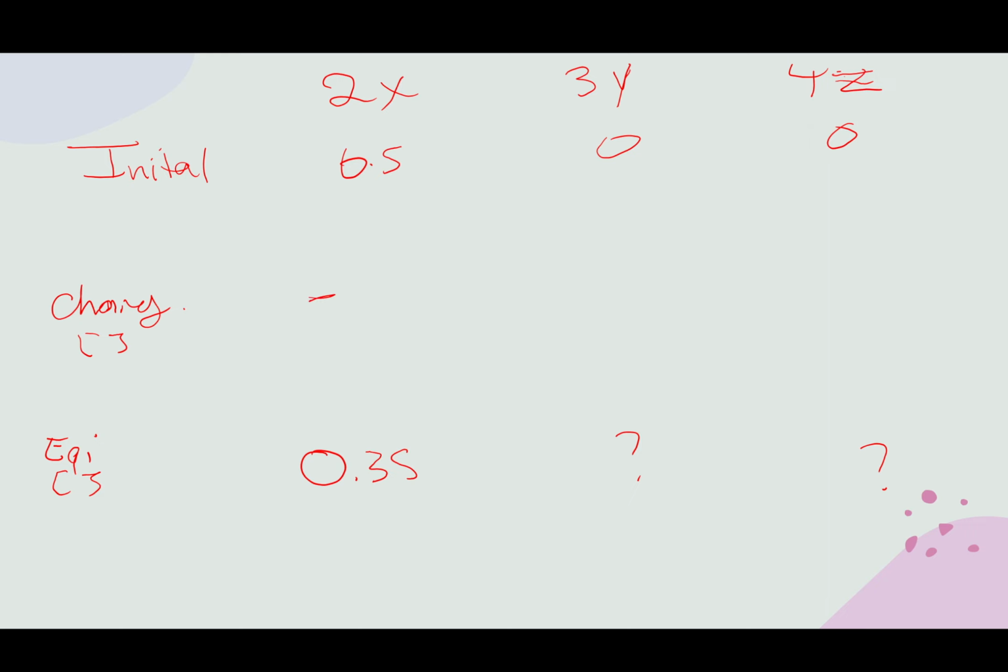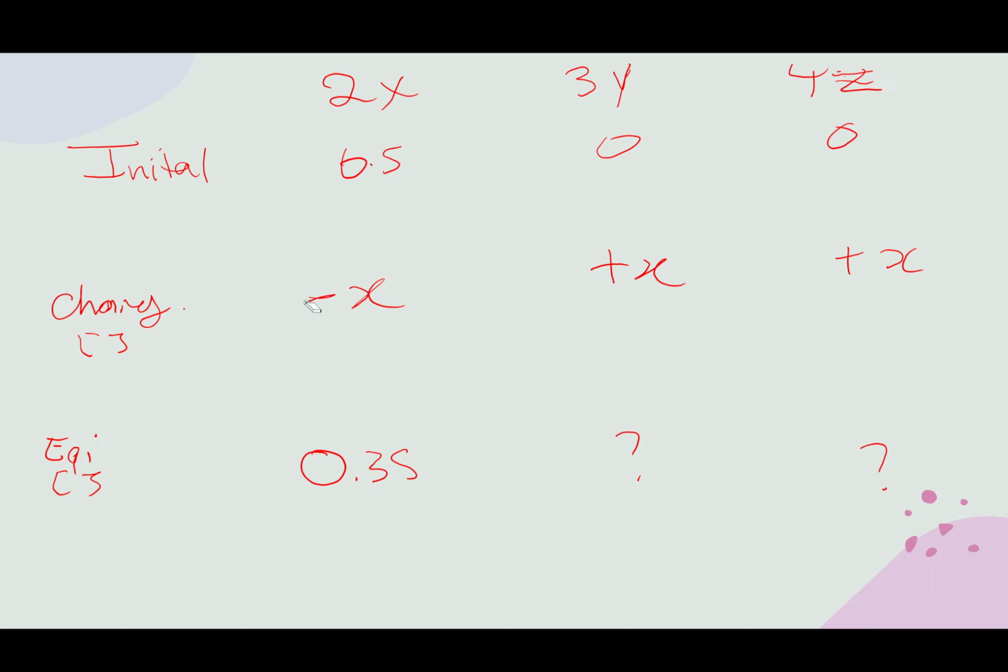So it decreased by an x value, and that means that these two will increase by an x value, a specific x value. But we have to look at the stoichiometry of the entire thing. We have 2x, 3y, and 4z, so 2x is decreasing by negative x.